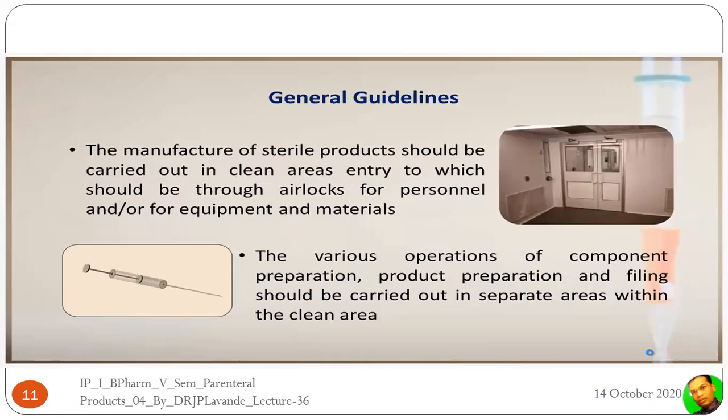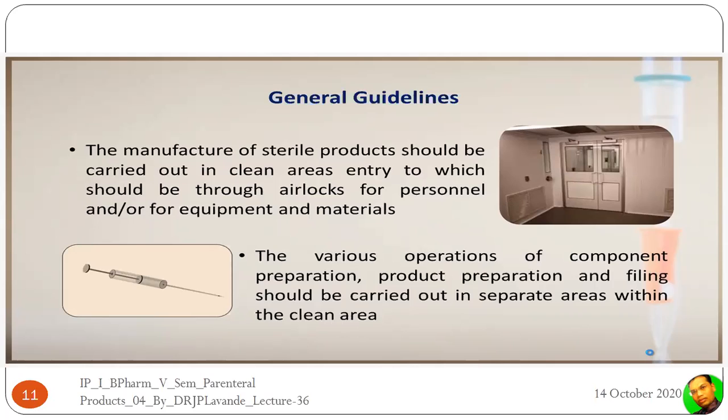Why is this? Because if the two doors remain open, there are chances of mixing of outside air, the outside environment, with the inside. So in order to avoid that mixing and maintain the proper environment, there is a need to have the double door lock system.